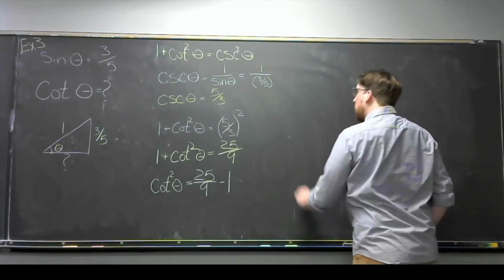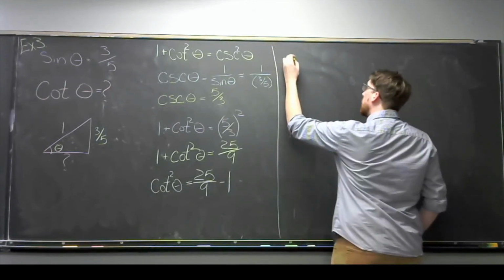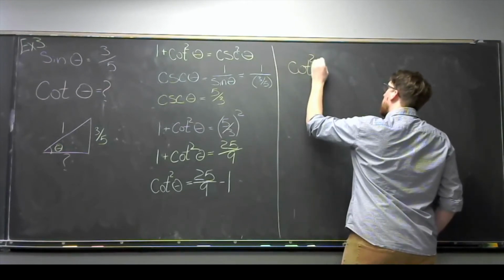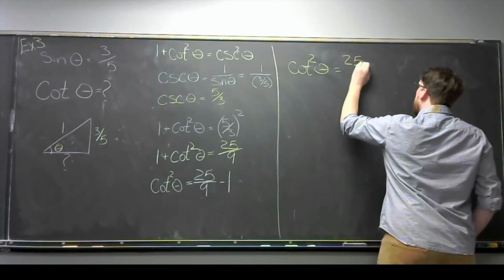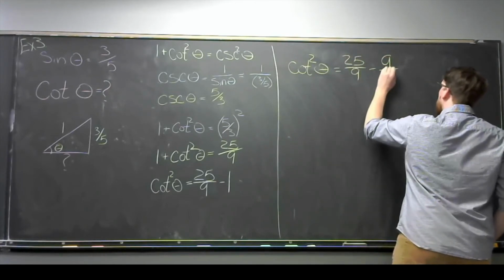So when we do that, we're going to find cotangent squared of theta is equal to 25 over 9 minus 9 over 9.